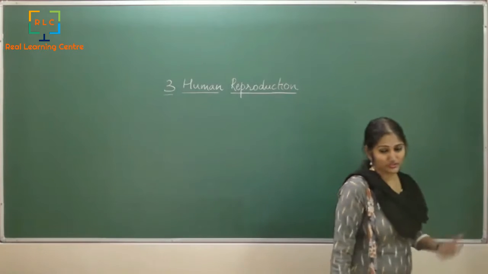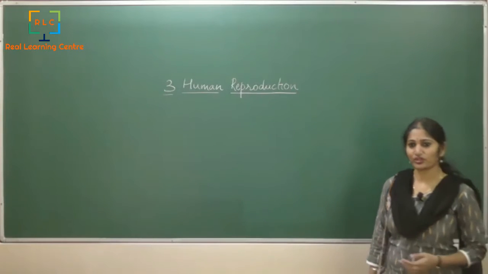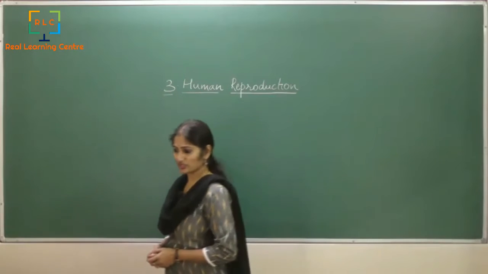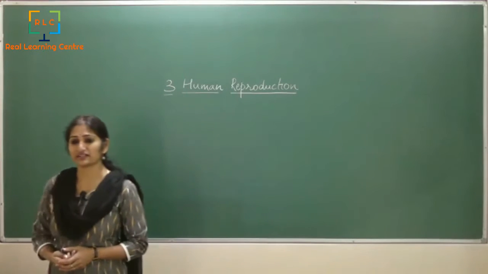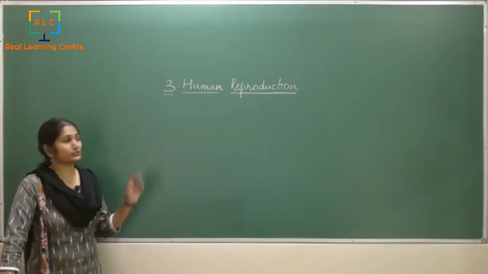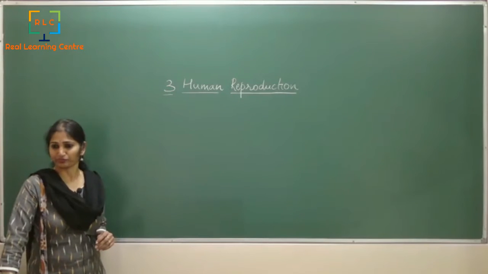So humans being mammals, we are going to learn about some of the important mechanisms, important phenomena, and at the same time important conditions that are required for reproduction to happen.